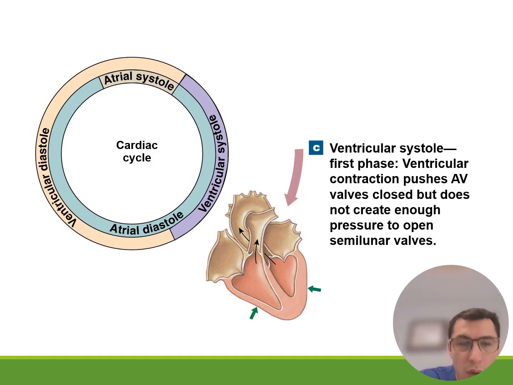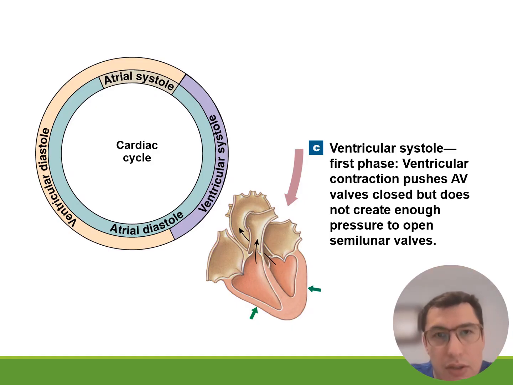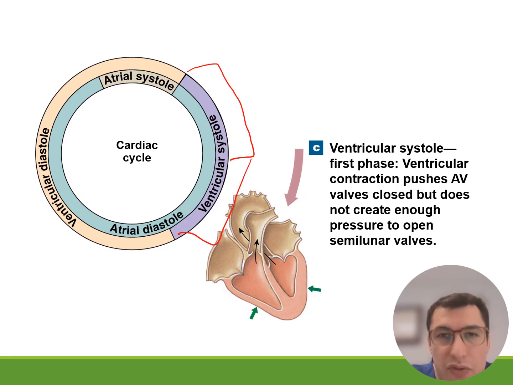And again, once we finish atrial systole, atrial diastole starts, and the atria remain relaxed for the rest of the cycle. But in regards to the ventricles, as soon as we finish atrial systole, we also start ventricular systole, divided into two phases, the early phase and the late phase. The early phase is a contraction of those ventricles without blood leaving the heart just yet.